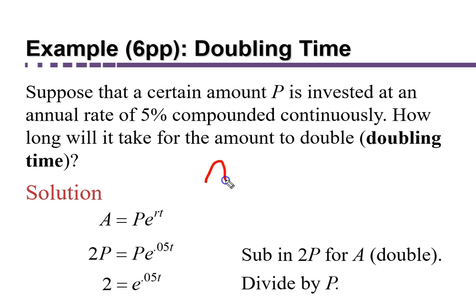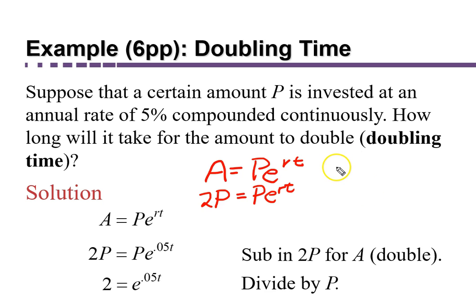So our amount equals our principal, P e to the rt. This is the one that we had for continuous interest. Now, do we know how much the future amount is? No. Do we know how much P is? No. But we know we want this P to double. So we can replace the A here with 2P. That is, 2 times P would be the doubling of P. All right.